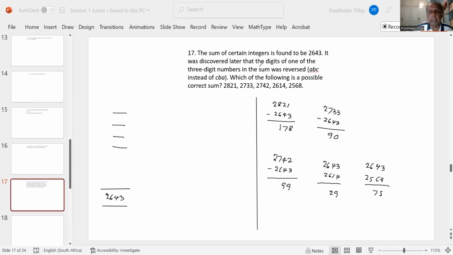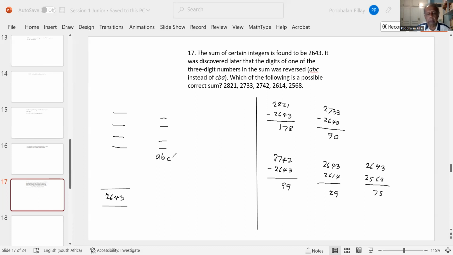Now, it was found later that one of the digits of the number was actually reversed. So all these are the same, but one of them, a 3-digit number, let's call that 3-digit number ABC.